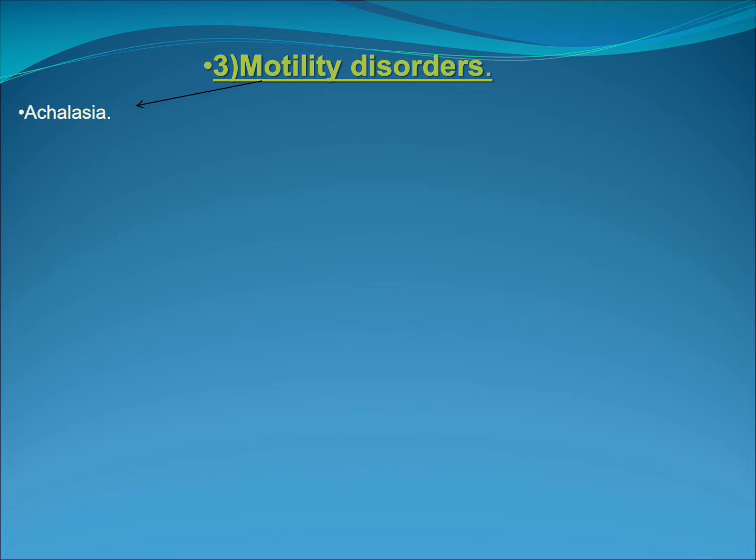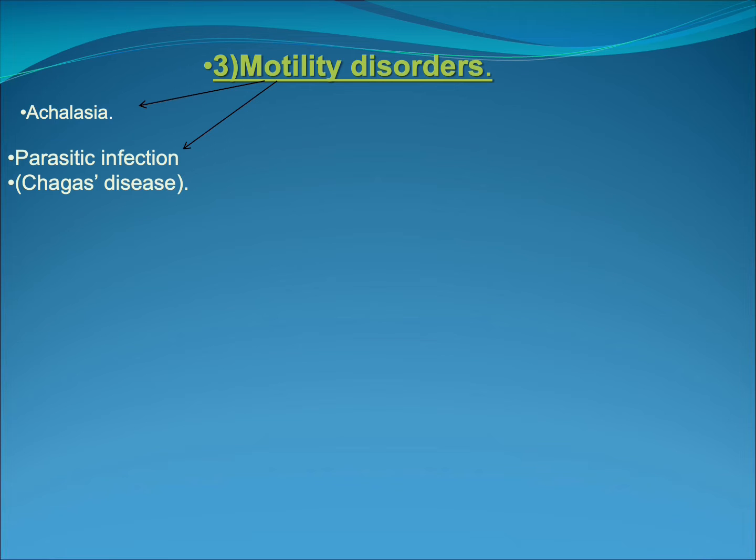It could be also motility disorders, and this is an important entity. So the motility disorders are problems with the wall of the esophagus itself without the presence of an organic lesion like masses. So they are achalasia, which is the commonest type.